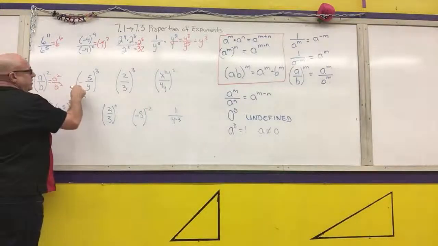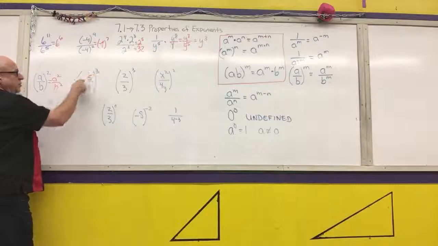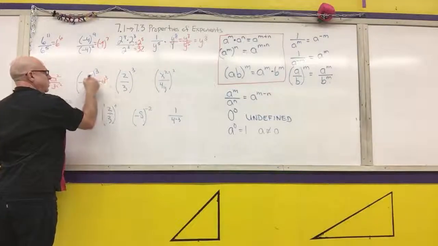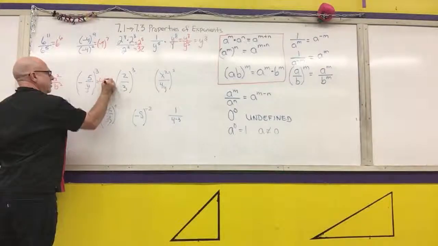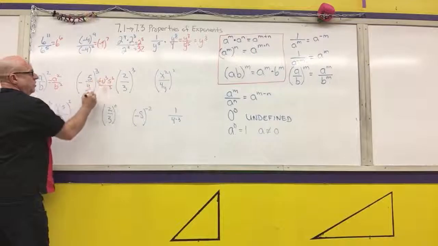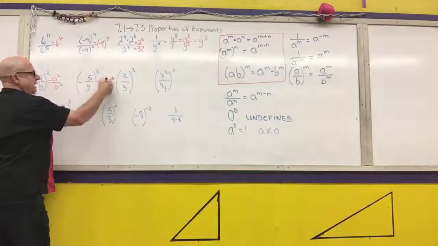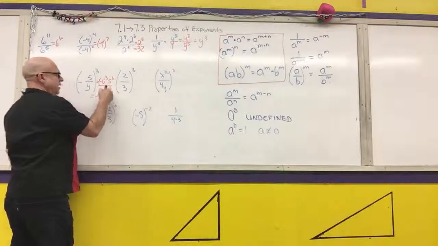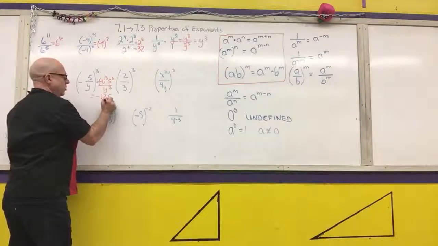The next one is negative 5 over y cubed. So that's negative 1 cubed, 5 cubed over y cubed. A negative cubed we learned was a negative. 5 cubed is memorized as 125. And the denominator is y cubed.